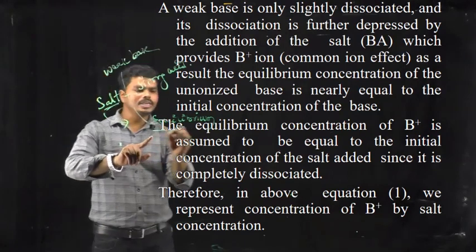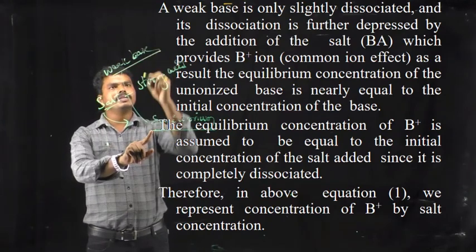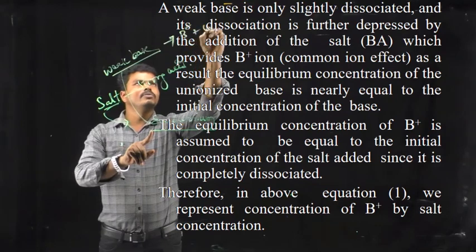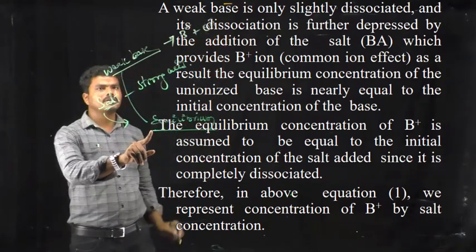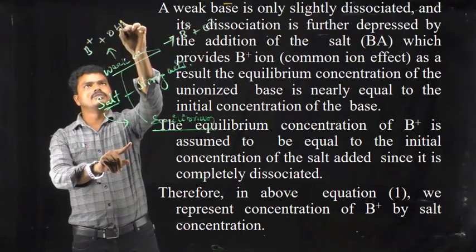When it reaches the equilibrium, it decreases the ionization of this weak base into B plus and OH minus.